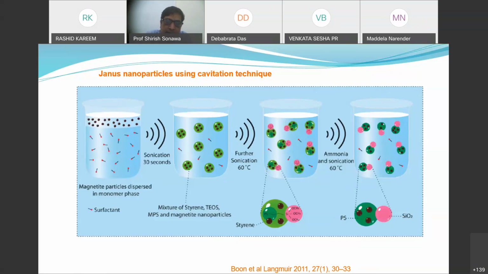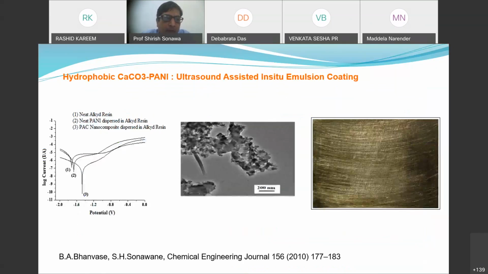So this is the methodology we can utilize for catalytic reactions with this Janus particle, which has two different phases, or two different chemical and physical properties. We can utilize this latex Janus particle for catalytic application. So this is one methodology of how these Janus particles are formed through the cavitation process.